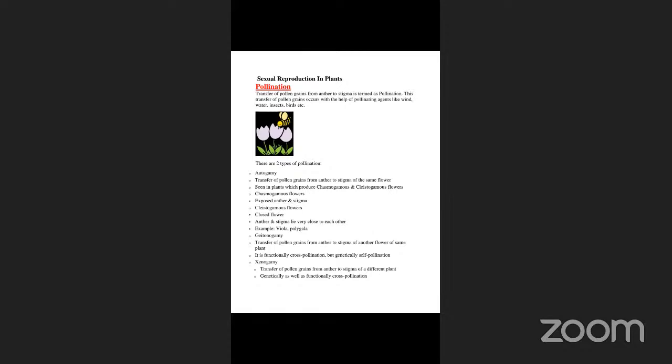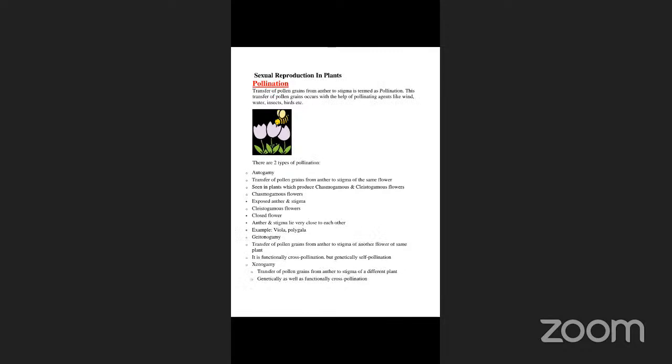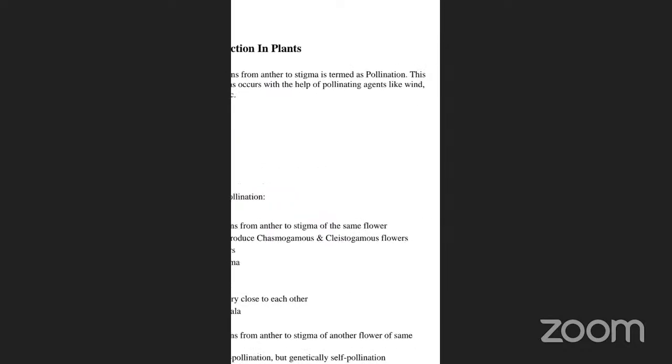The process of transfer of pollen from anther to stigma is called pollination. This transfer is done with the help of pollinating agents. Different types of pollination, by natural agents and artificial.